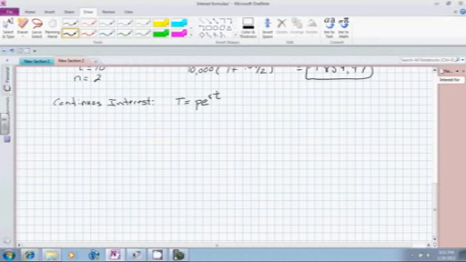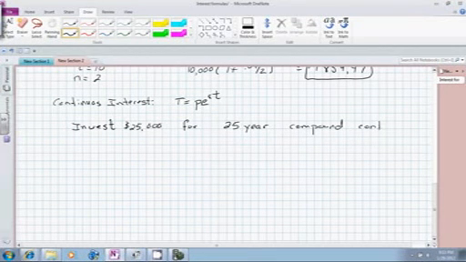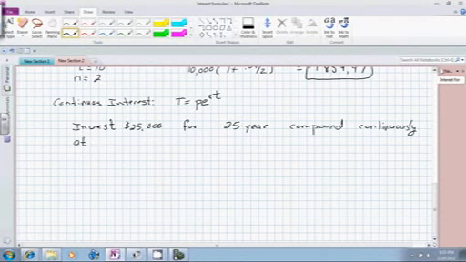So suppose we invest $25,000 for 25 years, compounded continuously, at a 2.3% rate.